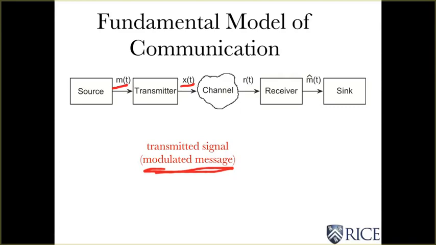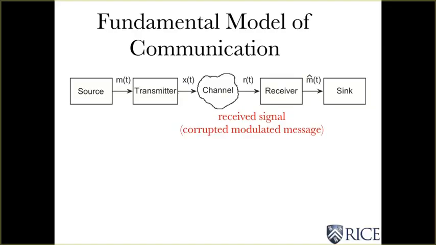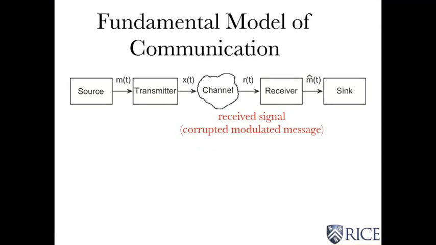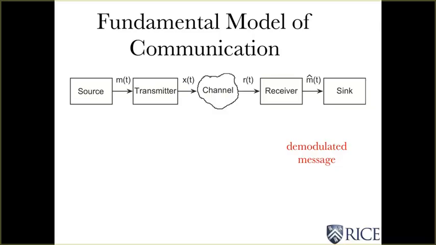That goes through the channel, where nothing good happens, and produces the received signal R, which, trust me, is a corrupted modulated message. It's going to do all kinds of things. The receiver's job is to try to figure out what that message was that was being transmitted, despite the fact it's been corrupted.